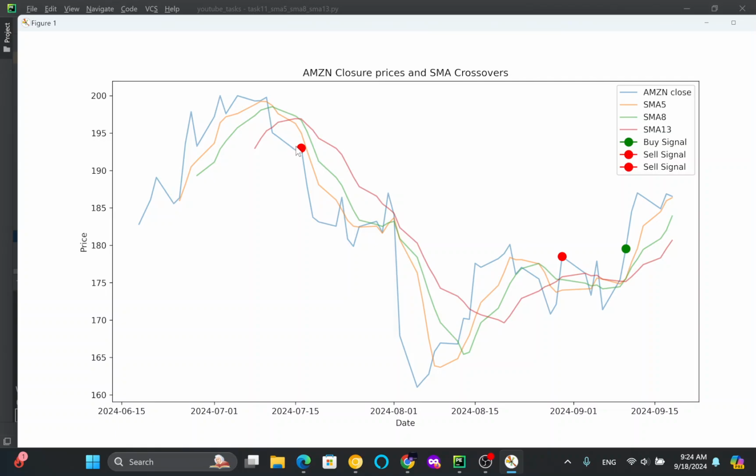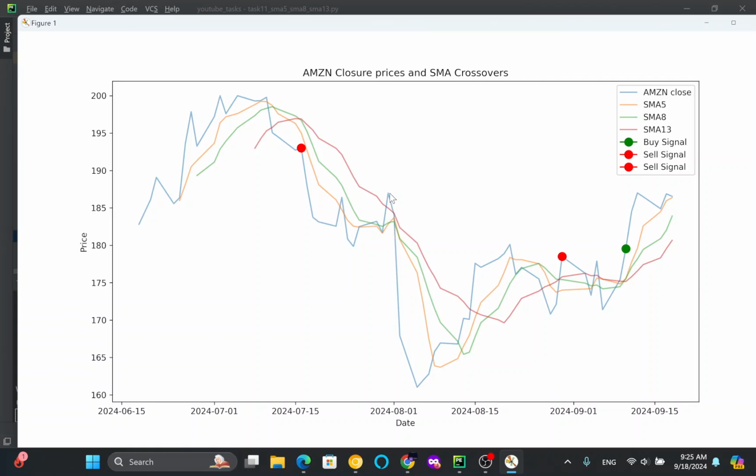So red dots are sell signals, which we can see whenever those are placed, and SMA8 goes down the SMA13. So here it goes down, 5 is below 8, so it is sell signal, and we definitely can see that there is a signal for selling the stock.